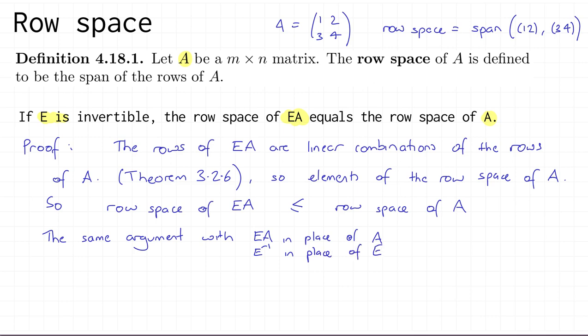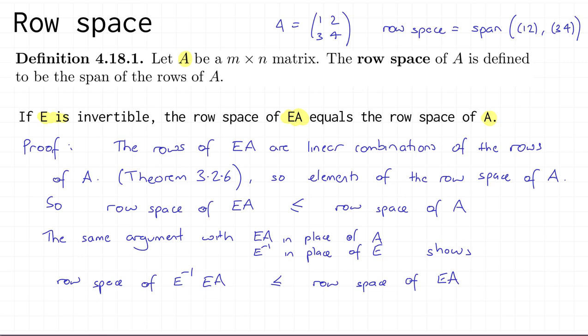That will give us that the row space of E to the minus 1 times EA is a subspace of the row space of EA.